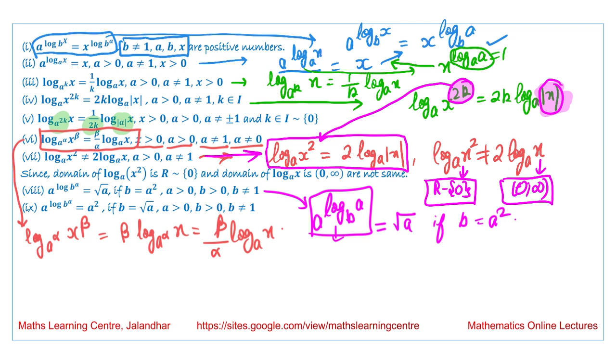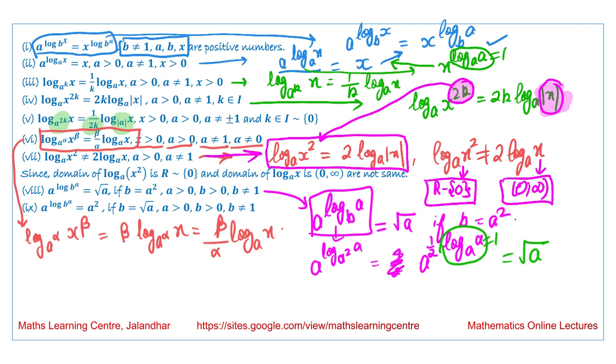In place of b, we substitute a raised to the power 2, so we get log a square a, which is 1 by 2. The value is a raised to the power 1 by 2 log a to the base a, and the value of log a to the base a is 1. So we get square root of a.